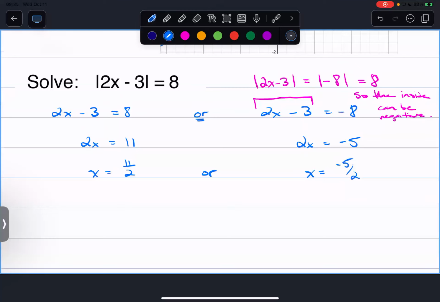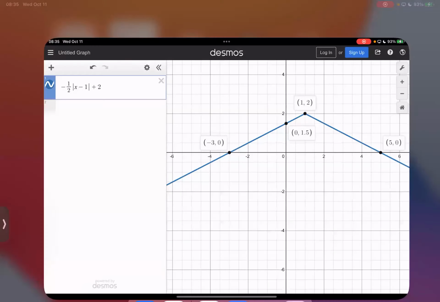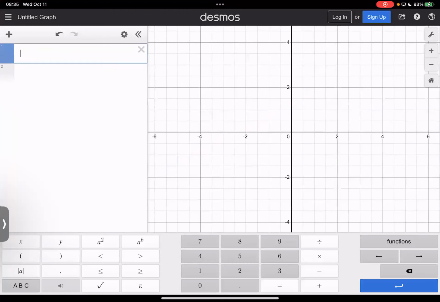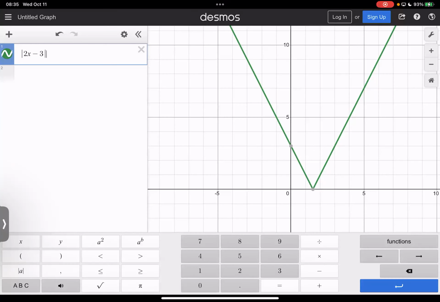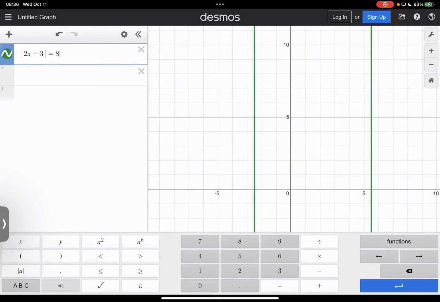What does this look like? If we were to use Desmos, I can graph this and I can say, okay, ditch that one. It was the absolute value of 2x minus 3. And we want to know, and let me just try something, is equal to 8.